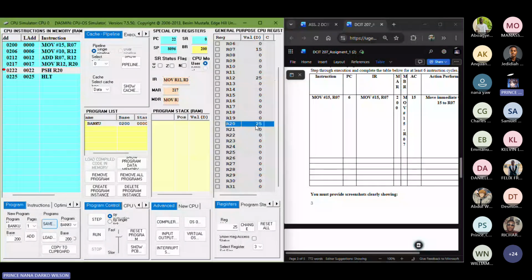Then we step again and it pushes the data into the RAM. Something interesting to note is that after this push is done, the stack pointer updates to 898. It means the stack has grown taller. So now we are pointing to the new top of the stack. It's no more 896, it's now 898. It has moved up by 2 bits. So it has been stored there.